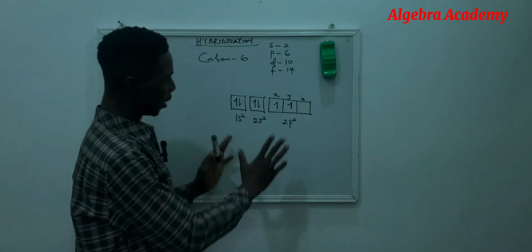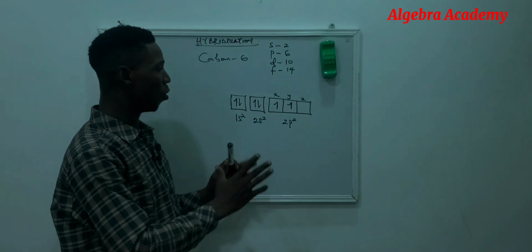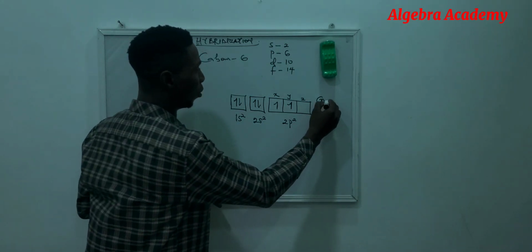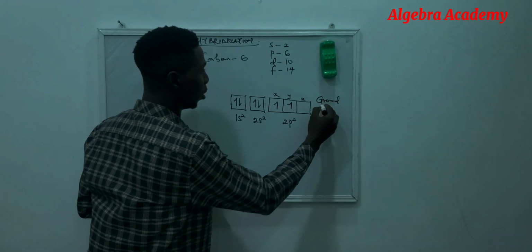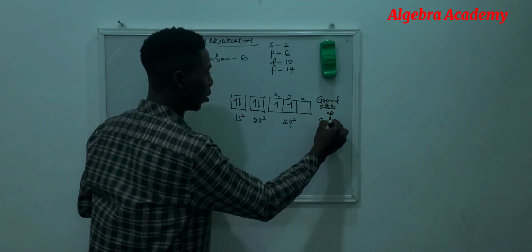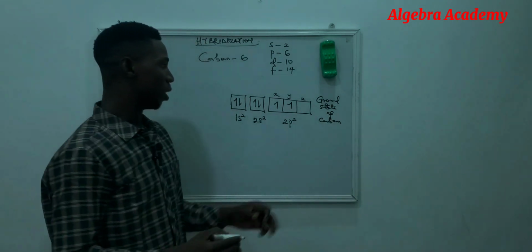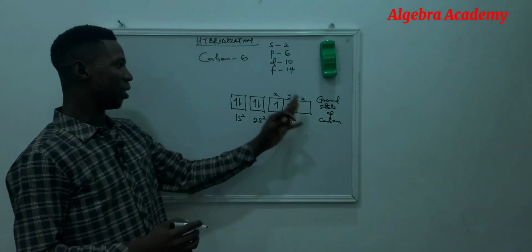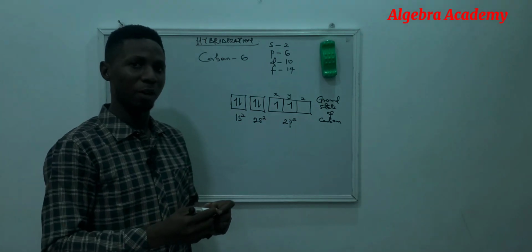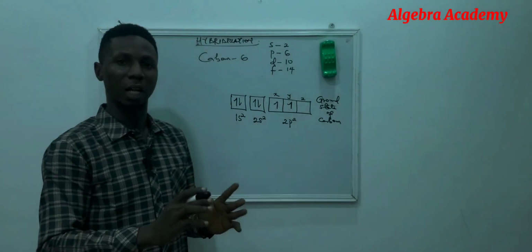This particular configuration is what we call the ground state of carbon, because it is assumed that at this ground state, hybridization has not occurred.